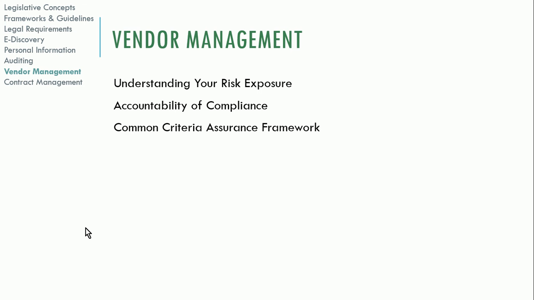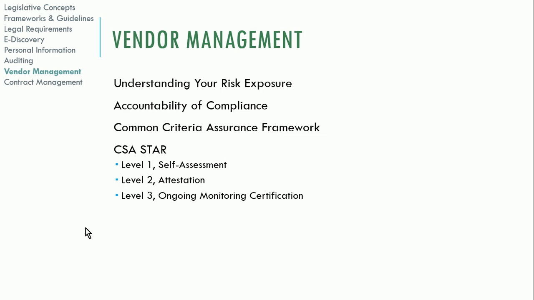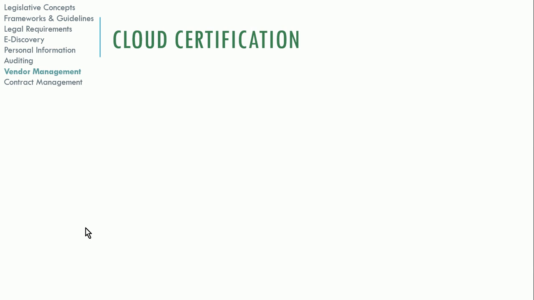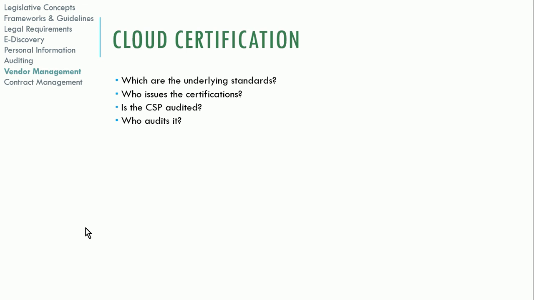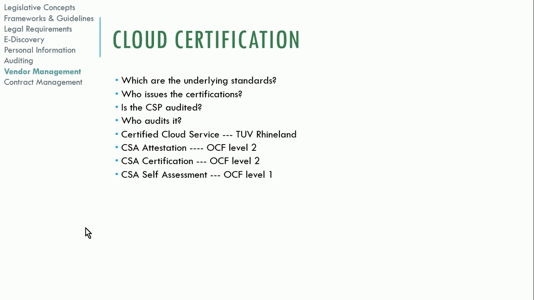Common criteria assurance frameworks. So there are common frameworks for cloud service providers, which we can also look at as cloud certification to meet that need. There are various cloud certifications that you can look for. Different cloud service providers will say that they have certain certifications. Some examples of those: there's the Certified Cloud Service, there's CSA attestation, CSA certification, CSA self-assessment.